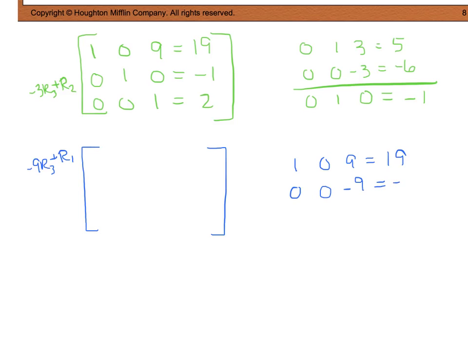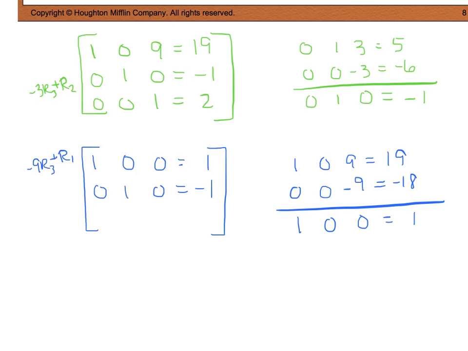When I add these together, I get 1, 0, 0 equals 1. So I'm now going to go and plug that in. So 1, 0, 0 equals 1. My second row is 0, 1, 0 equals negative 1. And my third row is 0, 0, 1 equals 2.